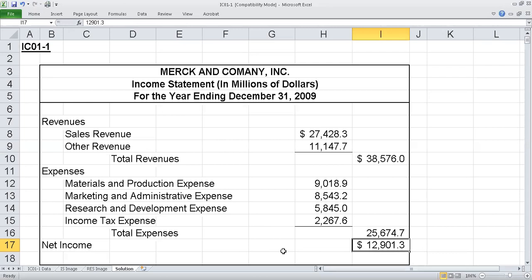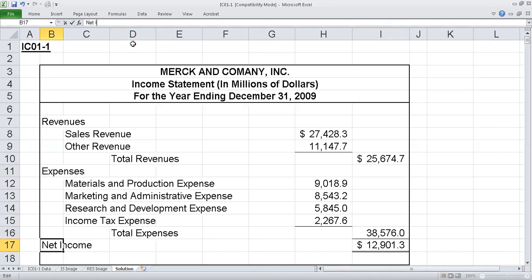Now let's just pretend that these two numbers were the reverse. Right, that we had 25,674.7 in revenues and 38,576.0 in expenses. If this were the case, it wouldn't be net income.